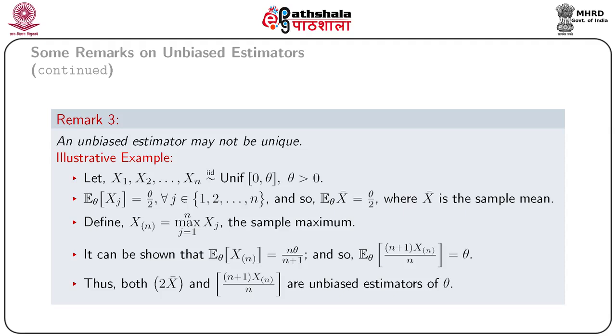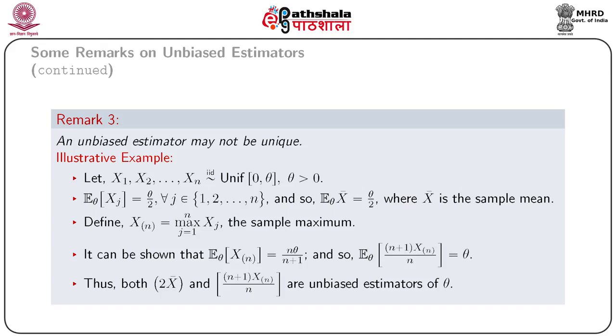Another unbiased estimator of theta in this example can be obtained as follows. Suppose X ordered n is equal to maximum of X1, X2 up to Xn. Then expectation of X ordered n is equal to n by n plus 1 into theta, and hence (n plus 1) by n into X ordered n is an unbiased estimator of theta.